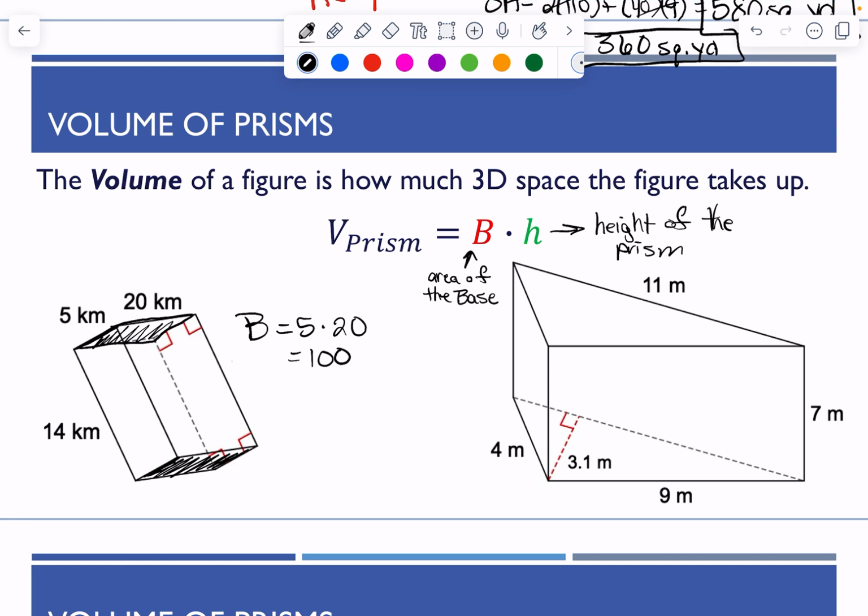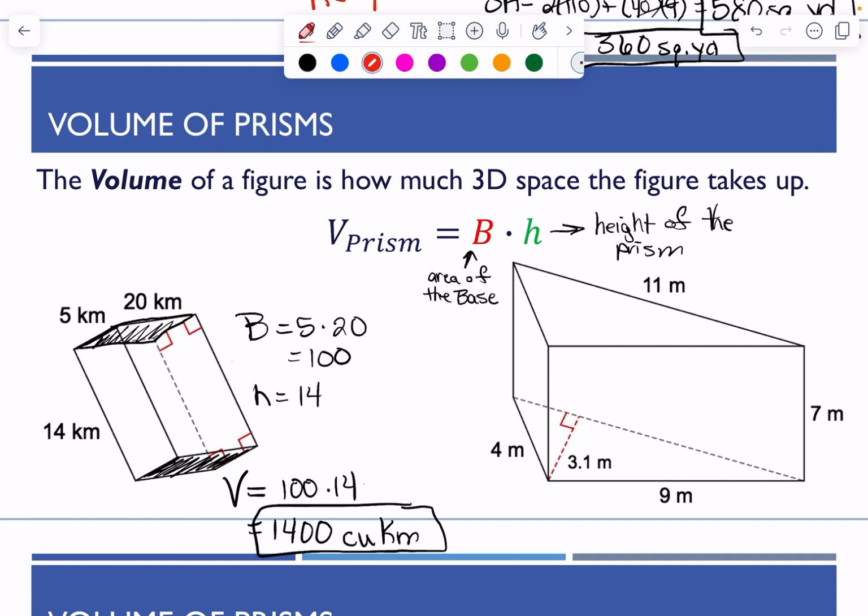And then I need the height, which is 14. So now to find the volume, I just go 100 times 14, which is 1,400 cubic kilometers. Okay, so that's how we would find the volume of that first figure.